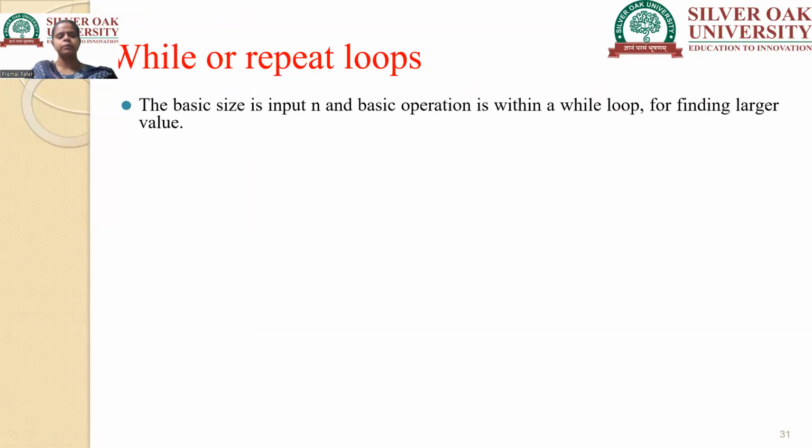So the basic size is the input n, and the basic operation is within a while loop for finding the larger value. So j is equal to n minus 1. Every loop iteration will execute the inner statement only once. So it will run from 1 to n minus 1, and each time it is executed once.